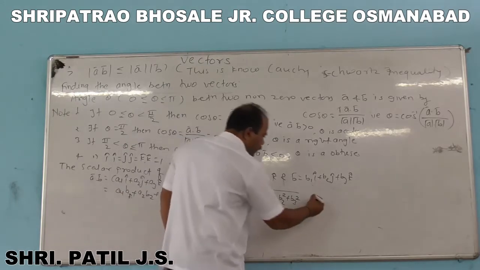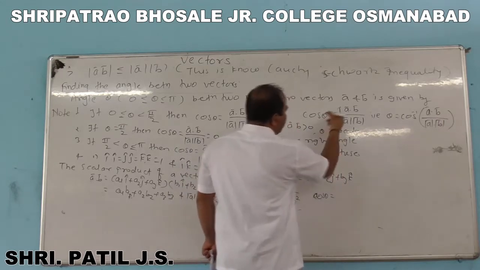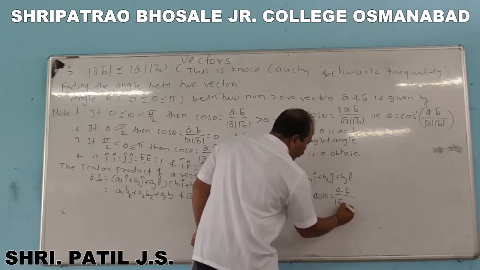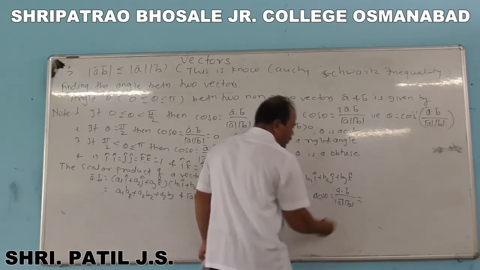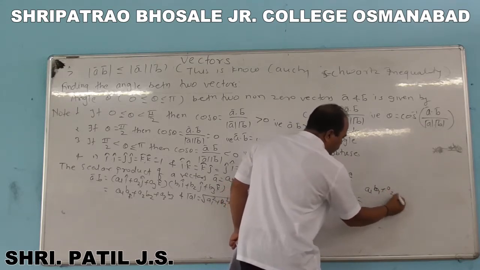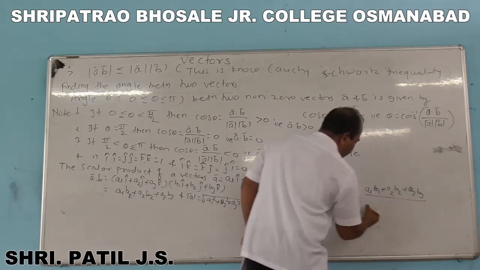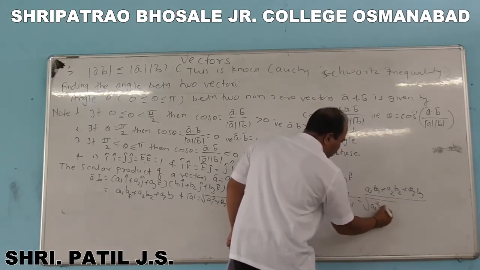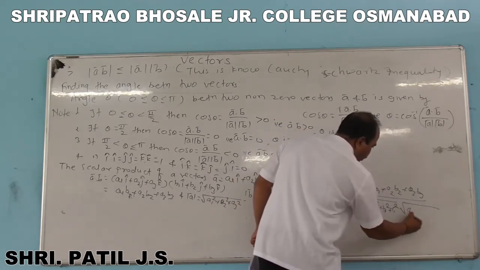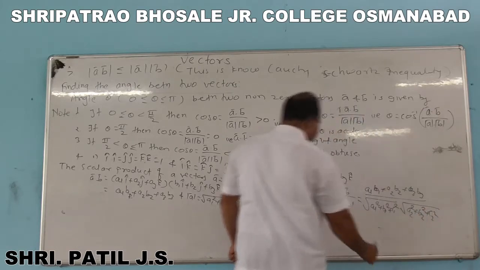Therefore, cos theta equal to A bar dot B bar divided by mod of A bar into mod of B bar, that means A1 B1 plus A2 B2 plus A3 B3 divided by square root of A1 square plus A2 square plus A3 square into square root of B1 square plus B2 square plus B3 square.